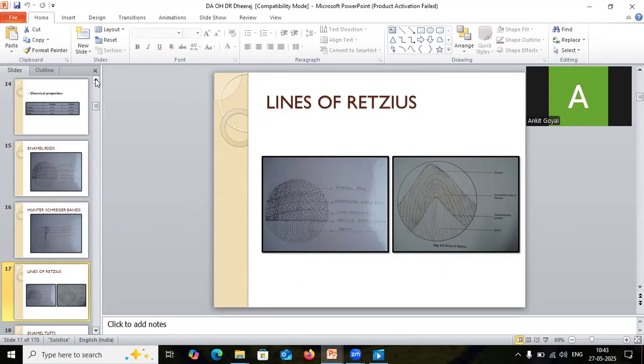Studies have shown a change in the inorganic components in the region of striae of Retzius, and therefore they are considered as hypomineralized structures of enamel. These lines become more prominent in case of disturbance in the enamel deposition. A shift in the rod direction has also been reported and associated with these structures.